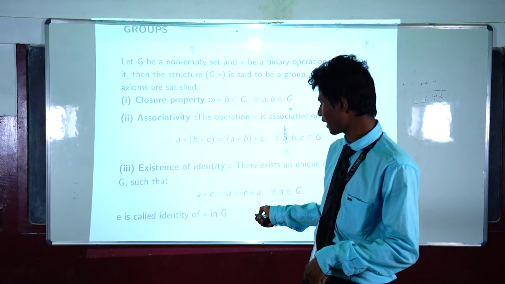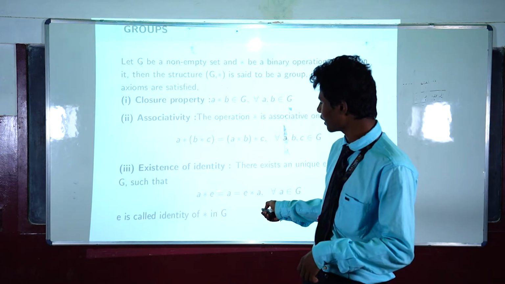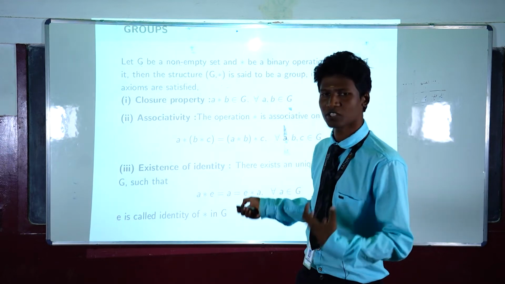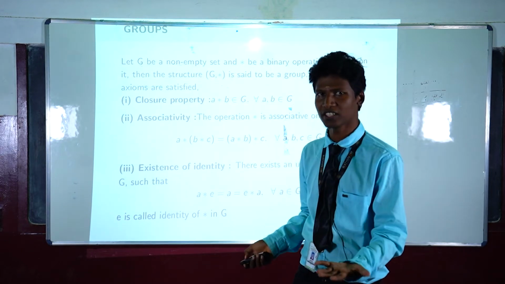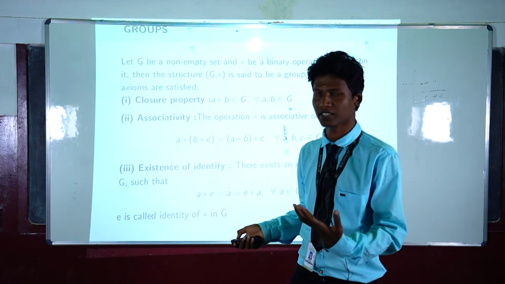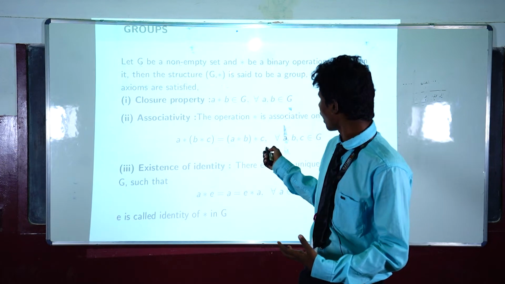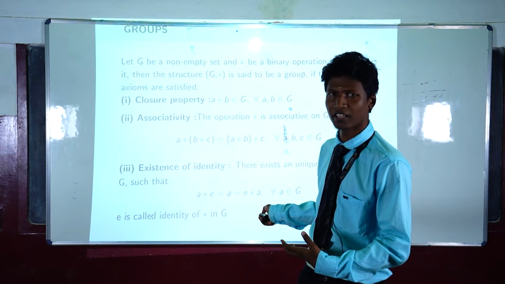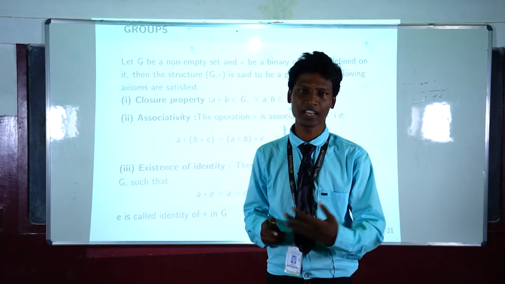When the binary operation is multiplication, it should be multiplication; when it is addition, it should be addition; when it is subtraction, it should be subtraction. Like that, for a binary operation, if A star E is A and E star A is also A, then E is called the identity element.